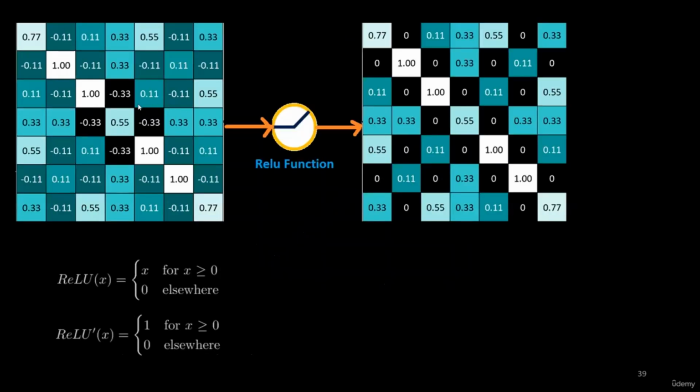Now this is a ReLU function. We can see that if a negative value is passed through a ReLU function, it gives us a 0. But if a positive value is passed through a ReLU function, it preserves the positive value. So this is the advantage of a ReLU function. The other advantage is, if we see the derivative of the ReLU function, it is 1 for all the positive values.